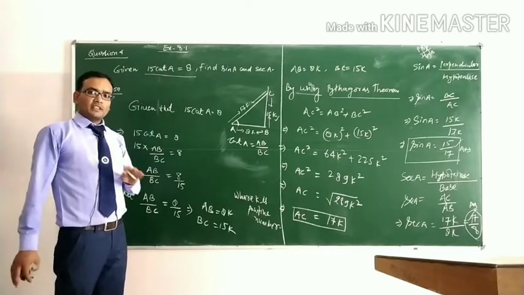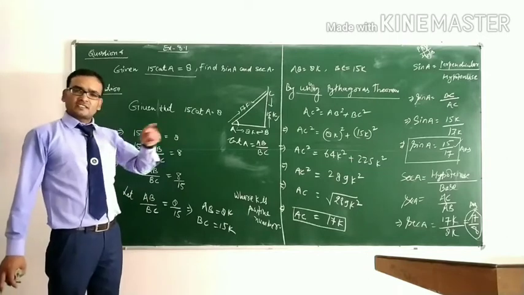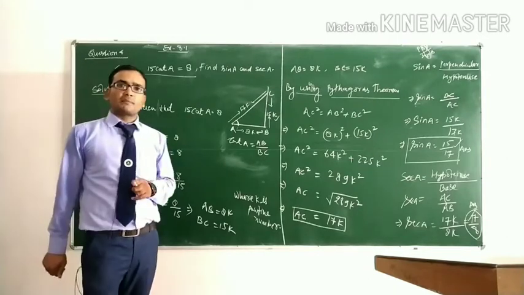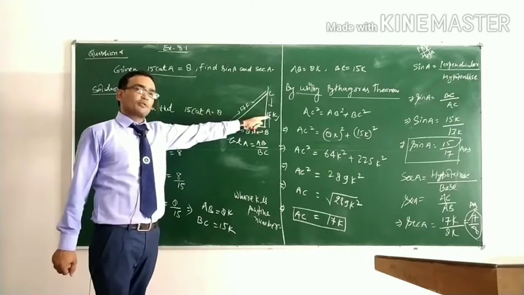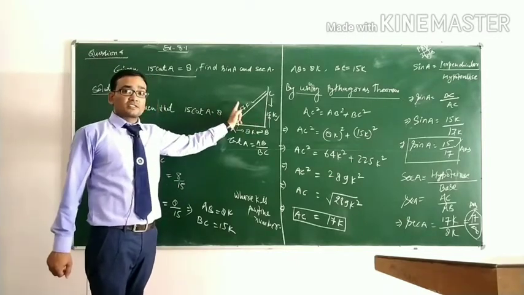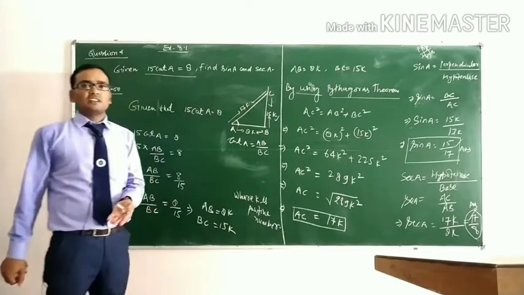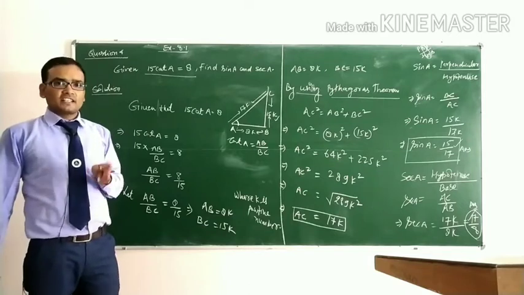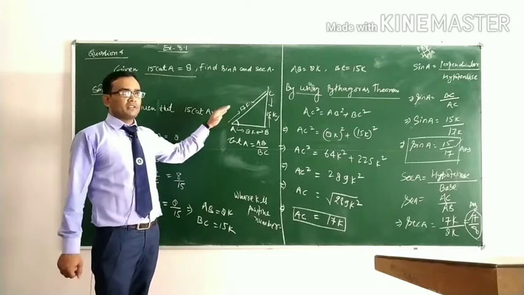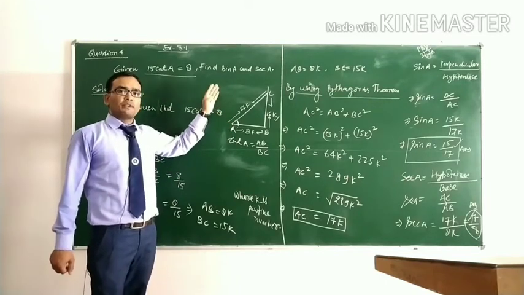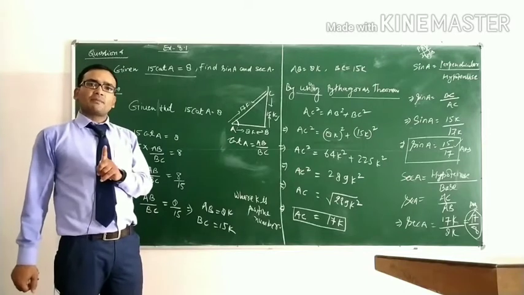Sin A is perpendicular side upon hypotenuse, 15K upon 17K, so sin A equal to 15/17. Sec A is hypotenuse upon base, 17 and base is 5, then sec A is equal to 17/5.